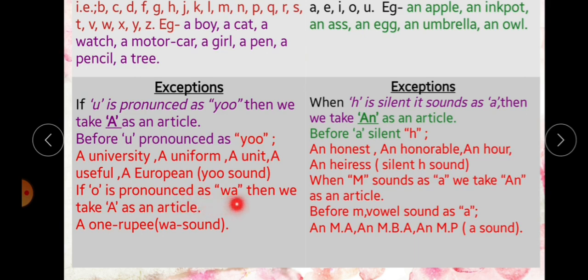If O is pronounced as wa, then we take a as an article. When H is silent, it sounds as a vowel, then we take an as an article. And when M sounds as a vowel, we take an as an article. So always look for these four exceptions with a and an, before placing a and an.